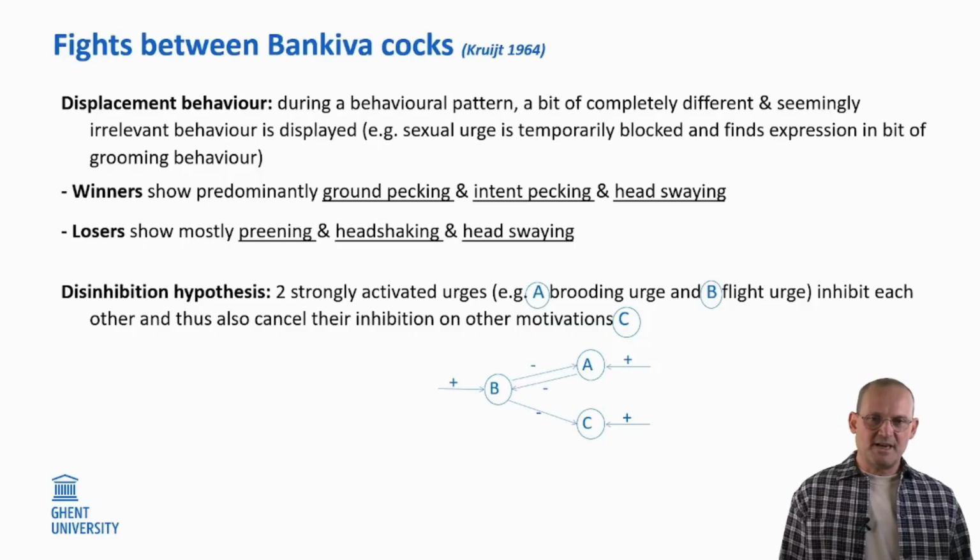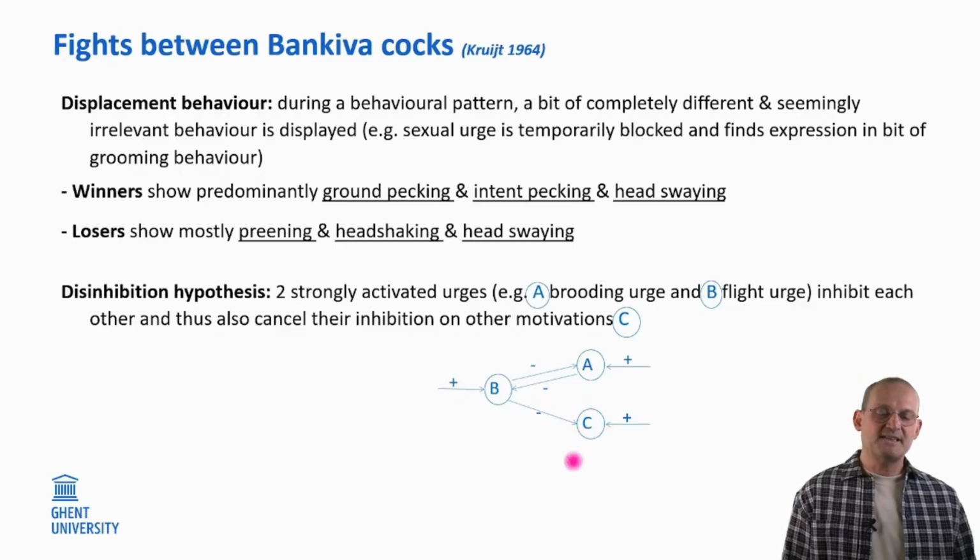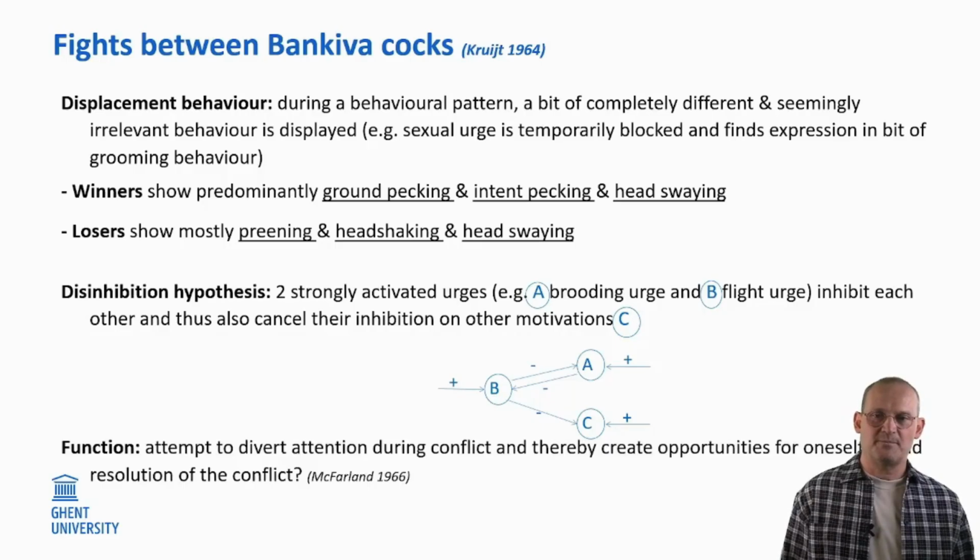But by inhibiting each other, they may also cancel the inhibition of another motivation, C, which is normally inhibited by the flight urge. Because B and A inhibit each other, behavior C is no longer inhibited, and that's why it is then expressed, and it is this C that is called displacement behavior.